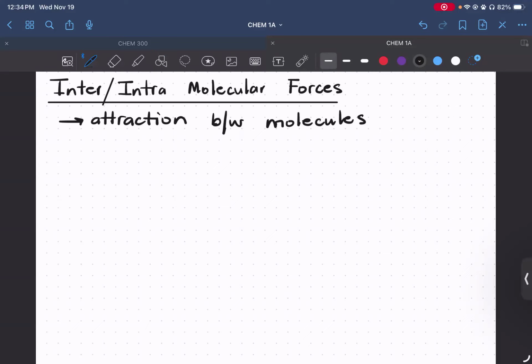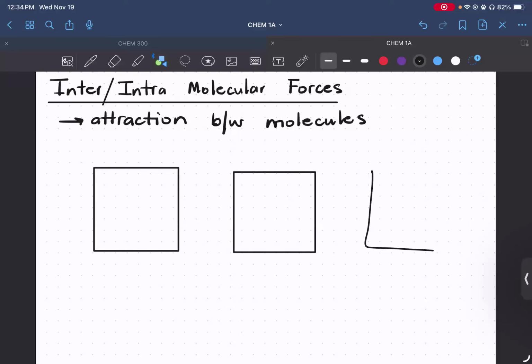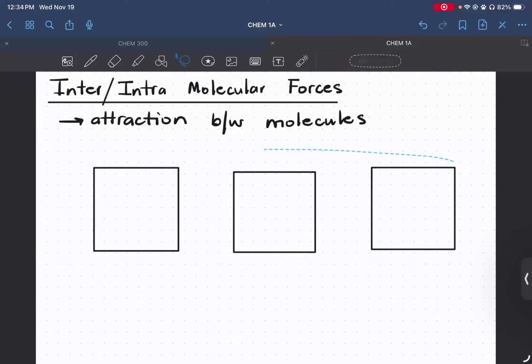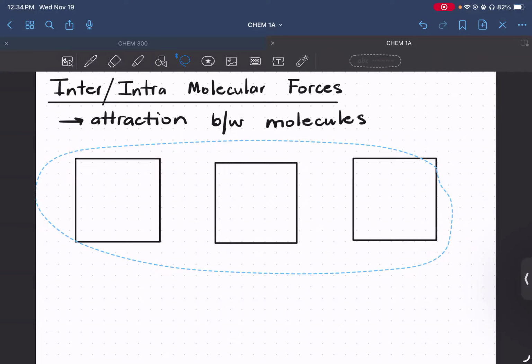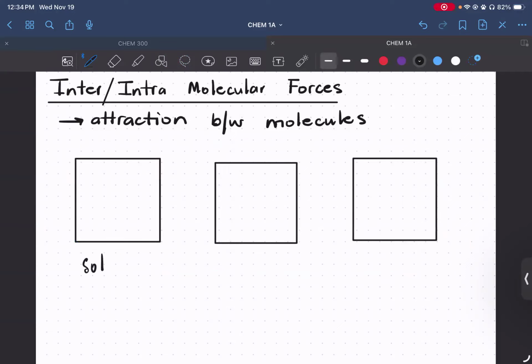Let's remind ourselves of the key states. I'm going to draw a couple boxes for solid, liquids, and gases. Let's look at the different states of matter.